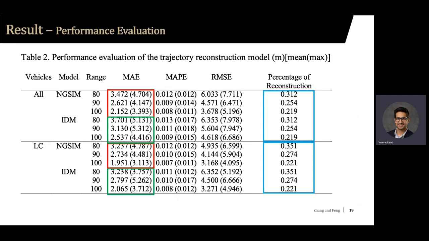We evaluate all vehicles and lane change vehicles separately using the different car following models with different detection ranges. And the maximum MAE here is less than 4 meters. And with the increase of the detection range, we find that the percentage of the reconstruction error will reduce.